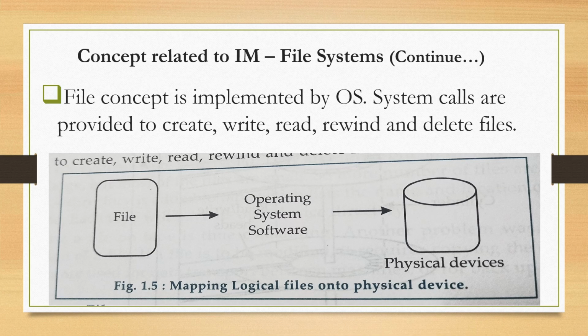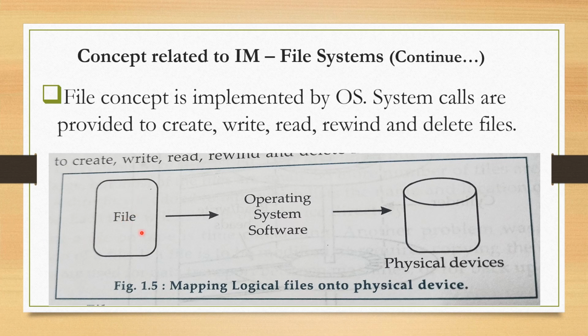The file concept is implemented by the OS. System calls are provided to create, write, read, and rewind. Rewind basically is used in a tape environment, for rewinding the tape.